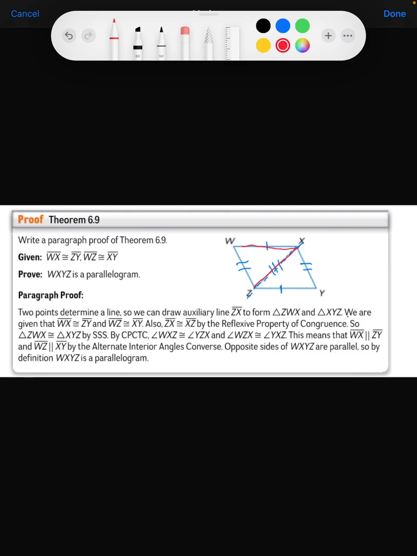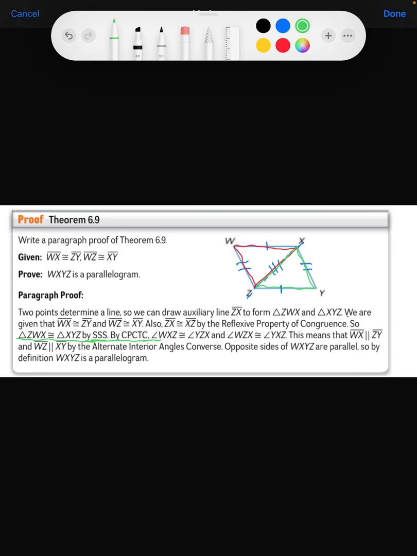We've formed two different triangles here. Formed this triangle and this triangle. And because we have three equal sides to each other, we can say by side, side, side that those two triangles are congruent to each other. And what we know about corresponding parts when our triangles are congruent is that their corresponding parts are also going to be congruent.